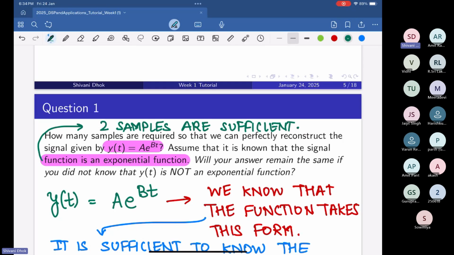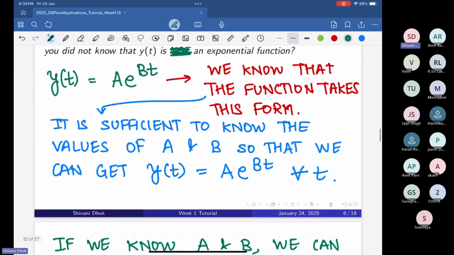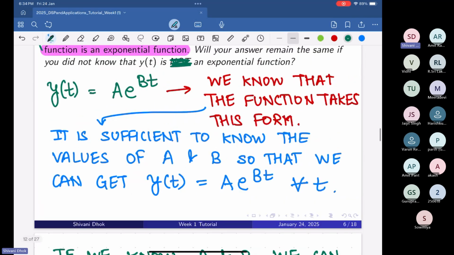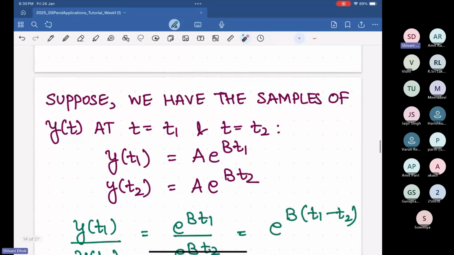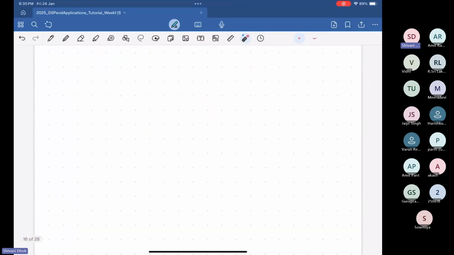Now, next thing is, will our answer remain the same if we did not know that y of t is an exponential function? So we don't know that this particular function takes this particular form. For this situation, we will need the knowledge about the frequency content and all those things.